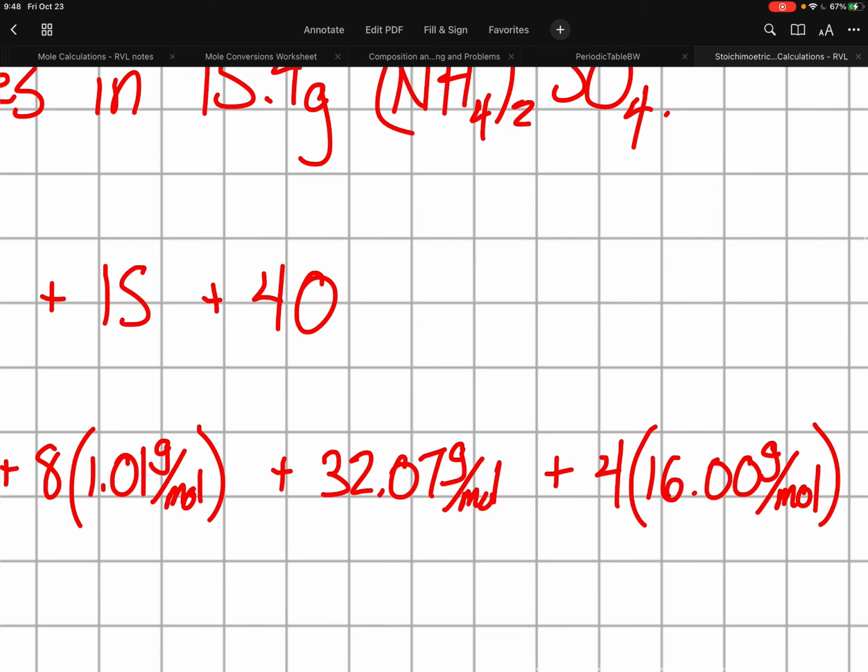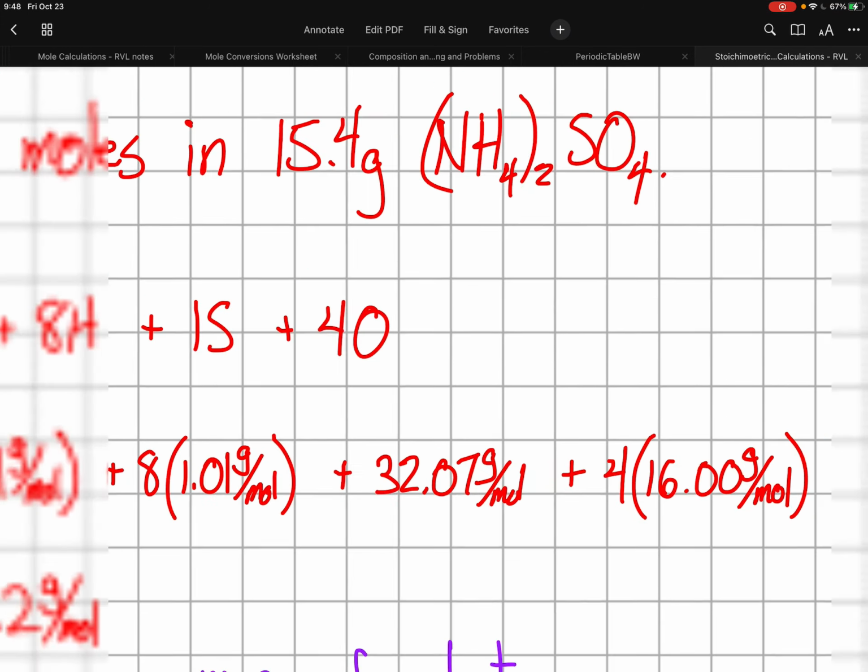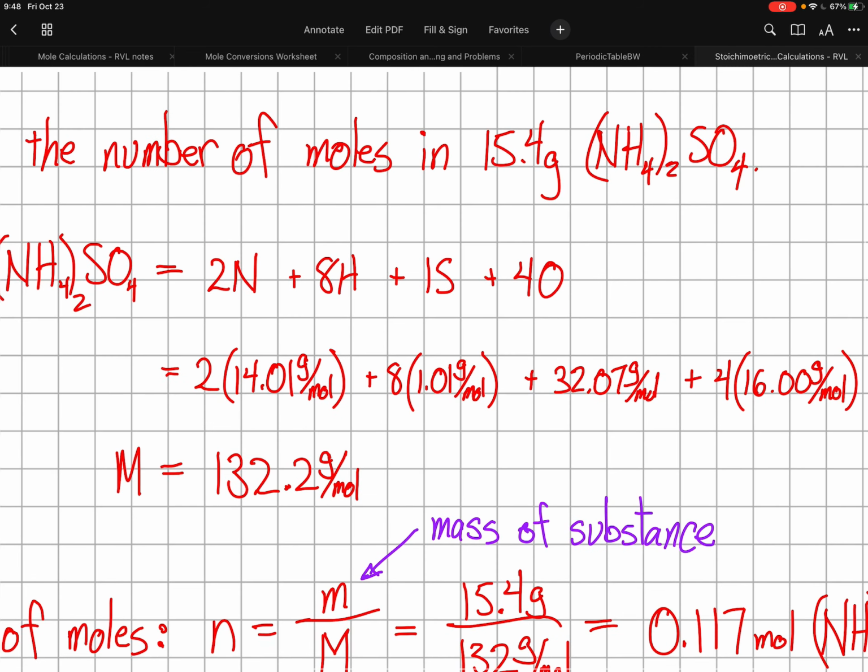Sulfur, 32.07 grams per mole, and oxygen is 16 grams per mole. Okay, so we multiply as shown in our initial setup, and we'll find our molar mass is 132.2 grams per mole.